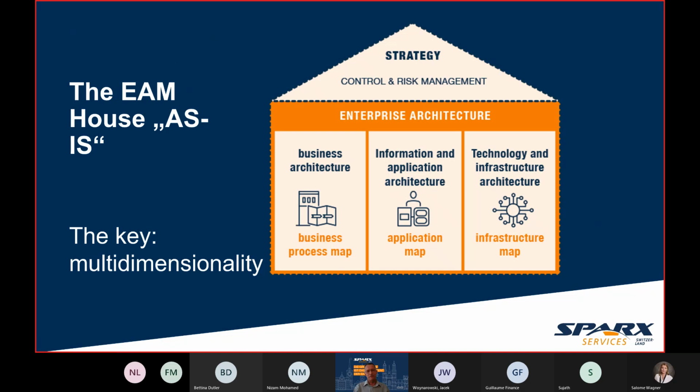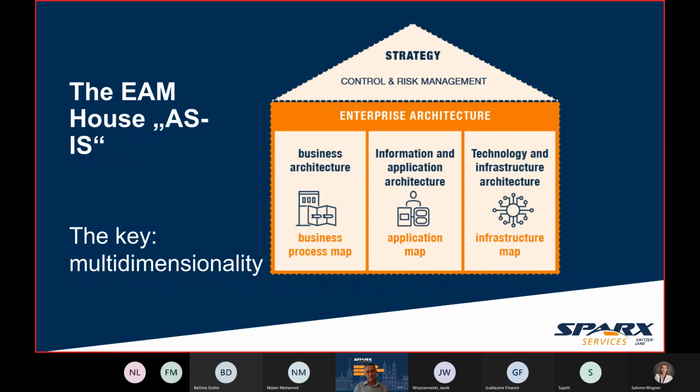What's next is we are talking about enterprise architecture management. Maybe you can imagine it's architecture as it is within a house. You all have these rooms. You have all these capabilities in your own companies, such as business architecture, information and application architecture, and of course technology and infrastructure.